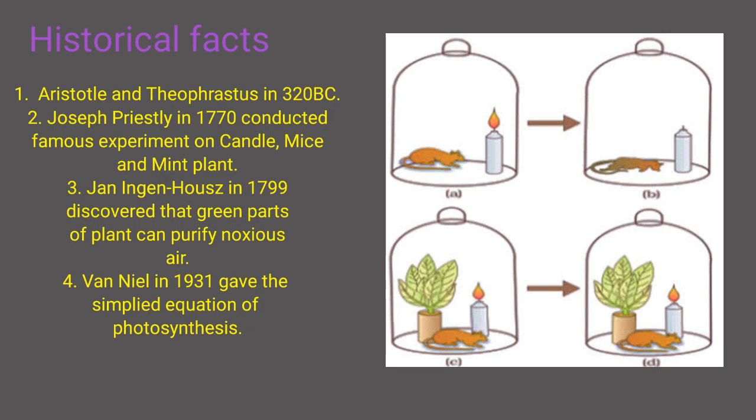That means the burning candle produces carbon dioxide, and the plant inhales the carbon dioxide. As we can see, they absorb the carbon dioxide in this whole process, and that leads to the production of oxygen, and in that way the animal inside the glass jar also survives, and it also helps in the burning of the candle.